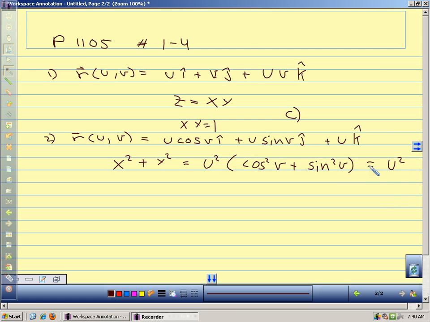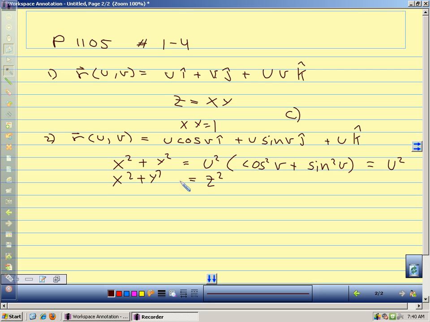And that equals z squared, right? So we have x squared plus y squared equals z squared. What kind of surface is that? Sphere? Cylinder?